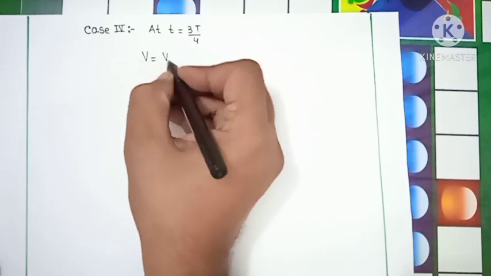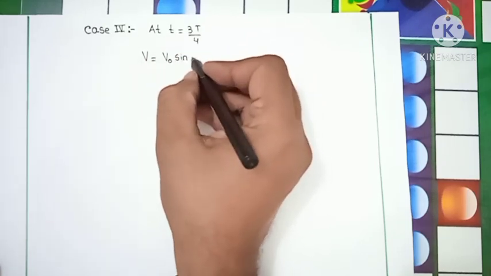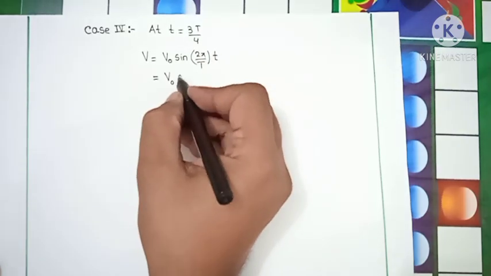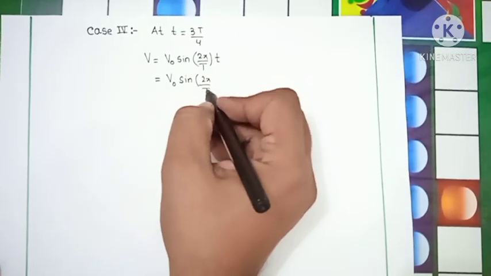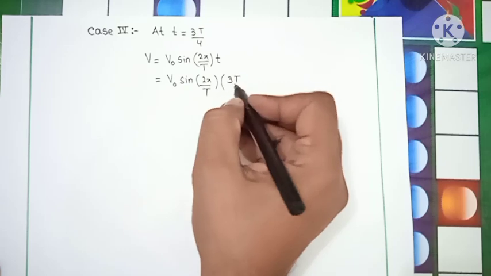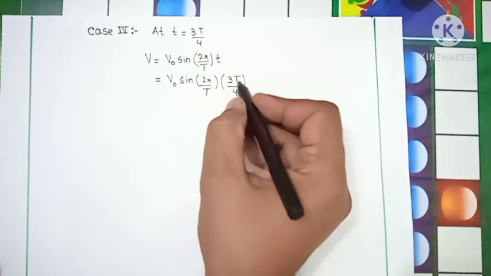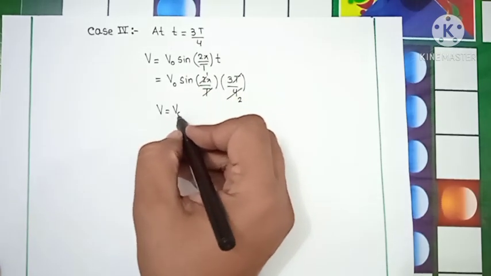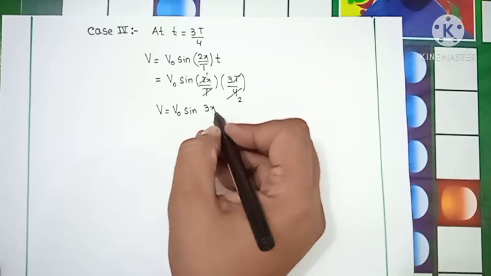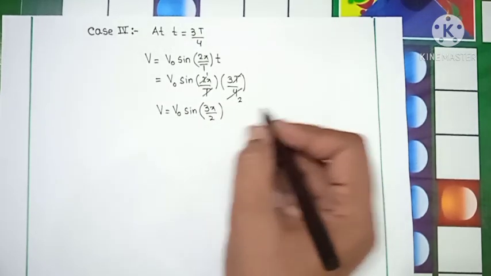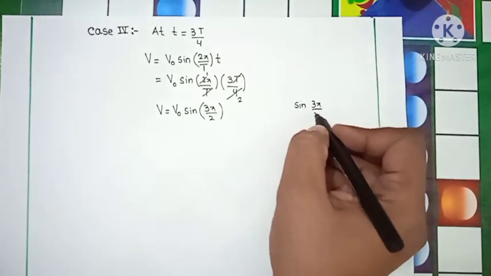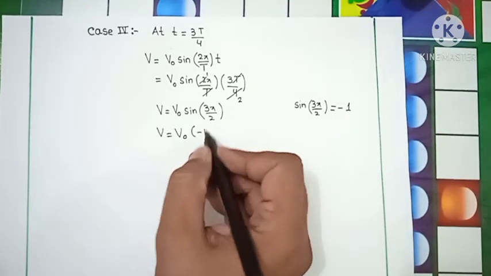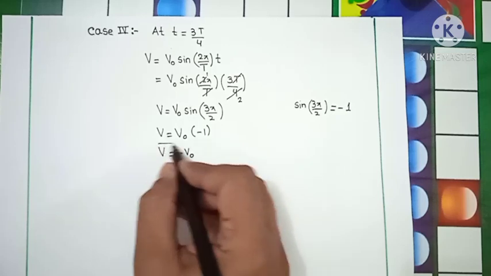Putting these values in equation number 1, V naught sine 2 pi over capital T multiplied by small t, which is 3T by 4. T cancels with T, 2 and 4. V is equal to V naught sine 3 pi by 2. Sine 3 pi by 2 is exactly equal to minus 1. So V is equal to V naught times minus 1. V is equal to minus V naught.